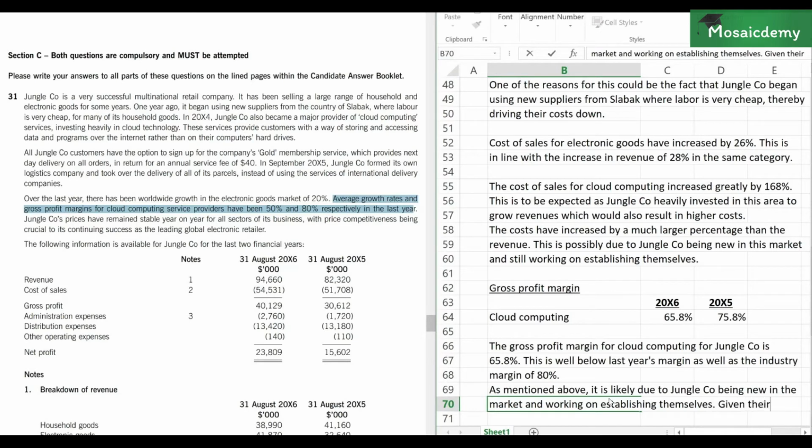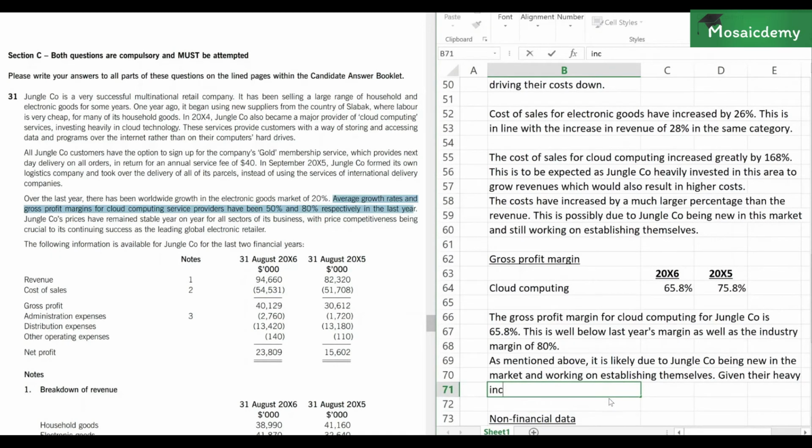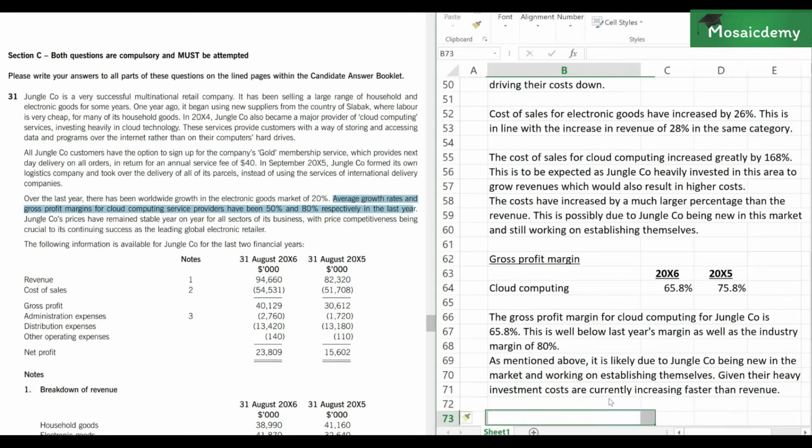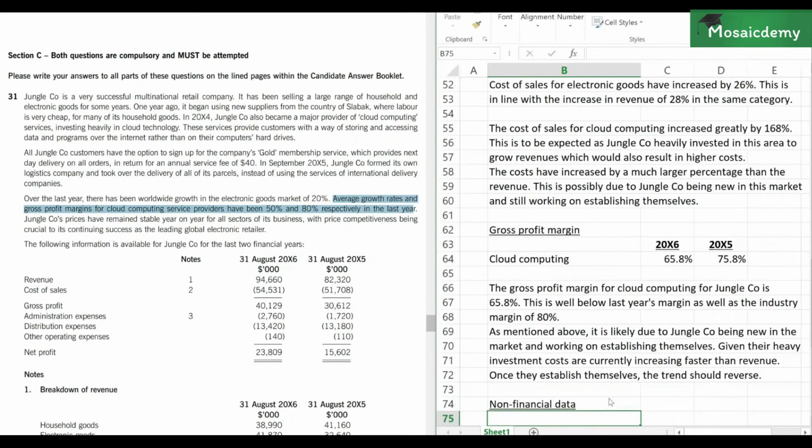Given their heavy investment, costs are currently increasing faster than revenue. Once they establish themselves, the trend should reverse, right? So we've made our point here as well.